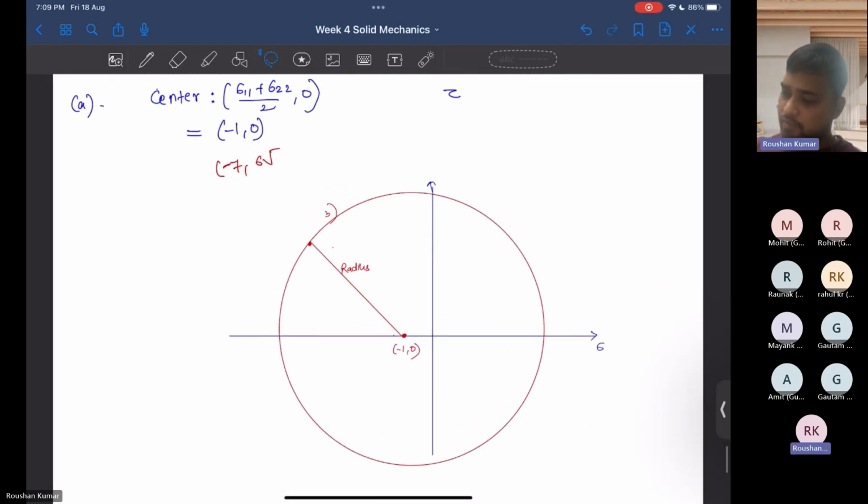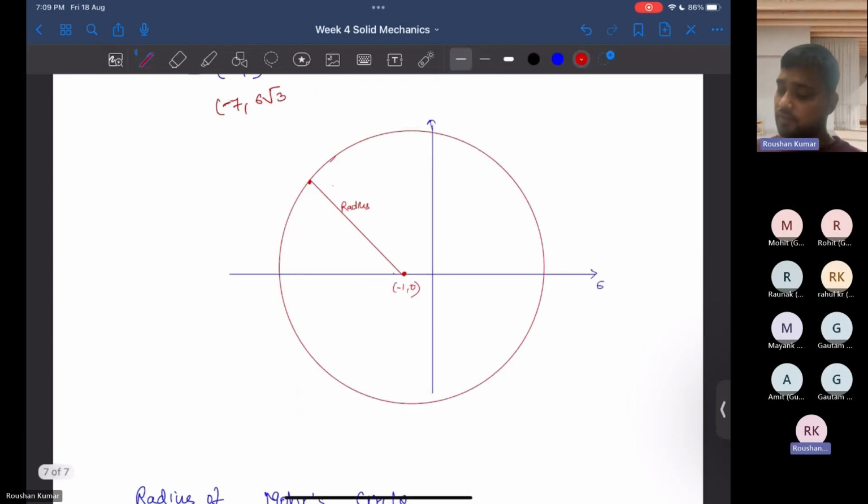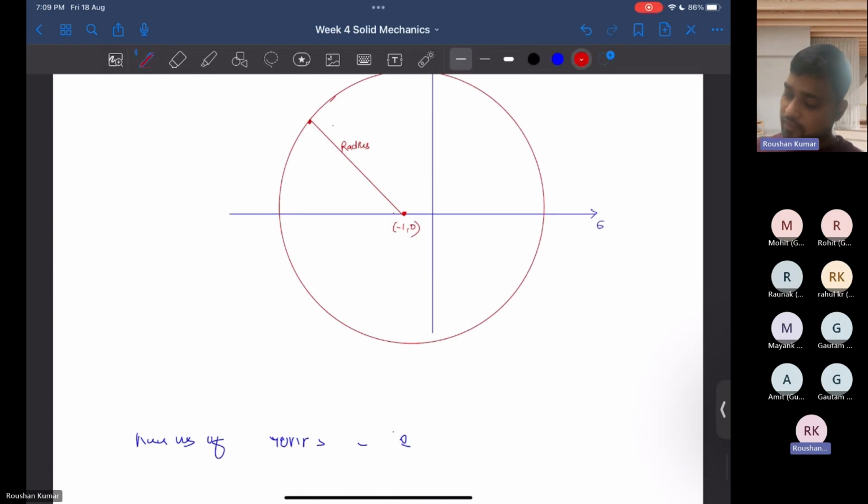I am making it a smaller size so that it will be visible on the complete screen. So yeah, this is the radius of the Mohr circle.